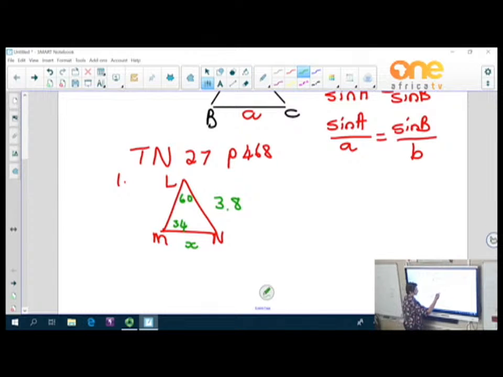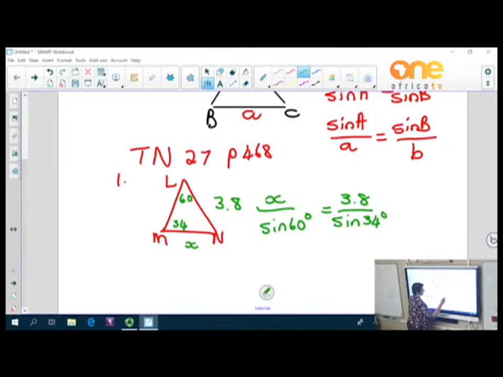So I'm going to put the one that I want to calculate in the left-hand top. So this is then x over sine 60 degrees, which is equal to 3.8 over sine 34 degrees. So the opposite side and angle, opposite there. Now to calculate it now, this is with algebra that we will do it.